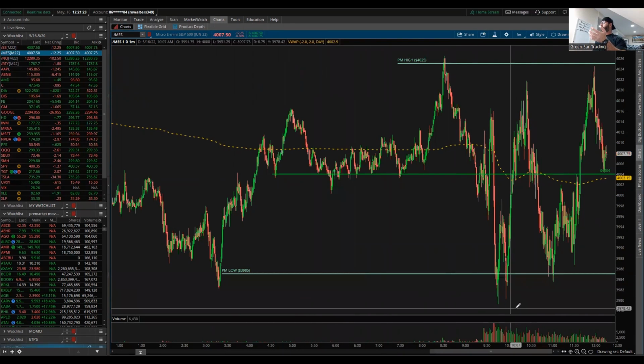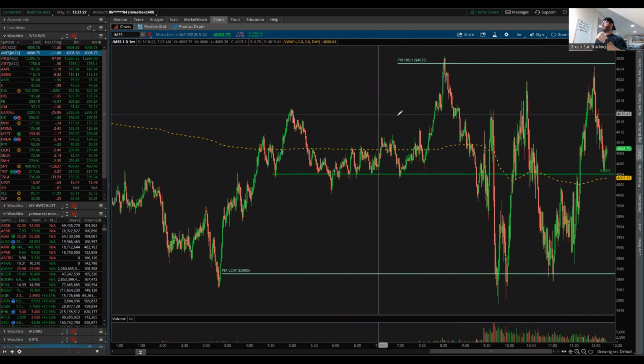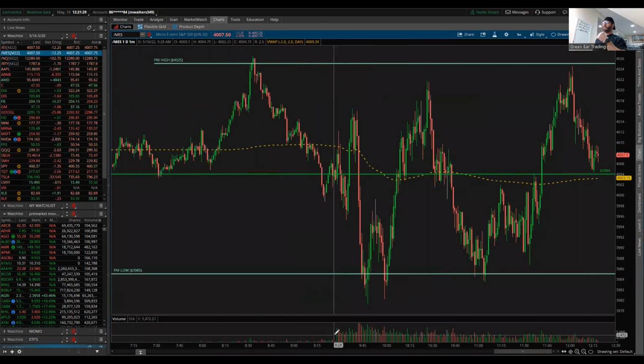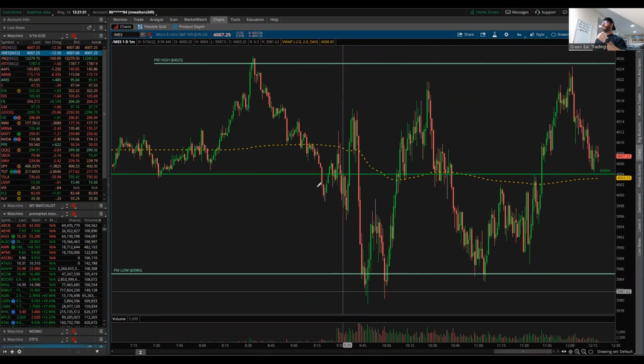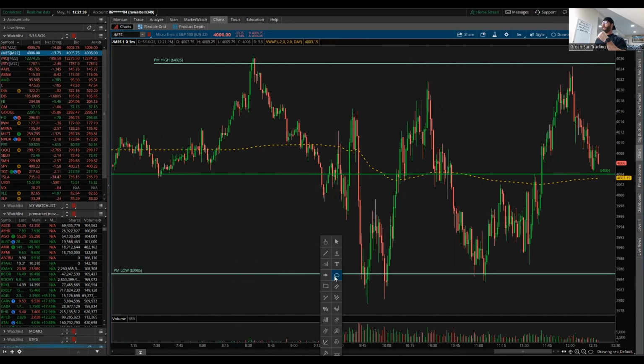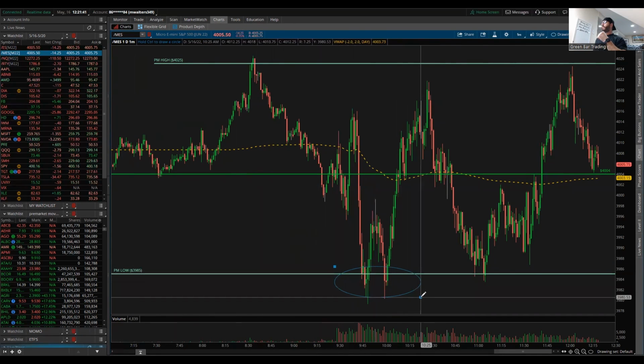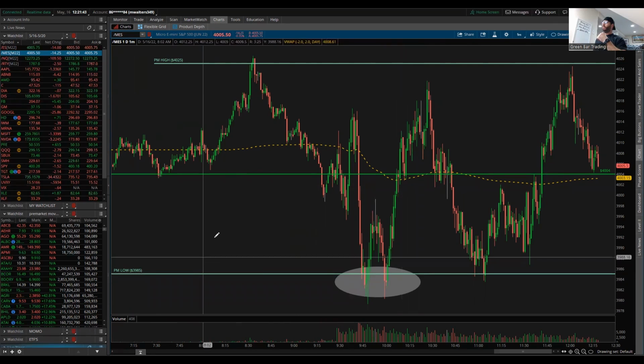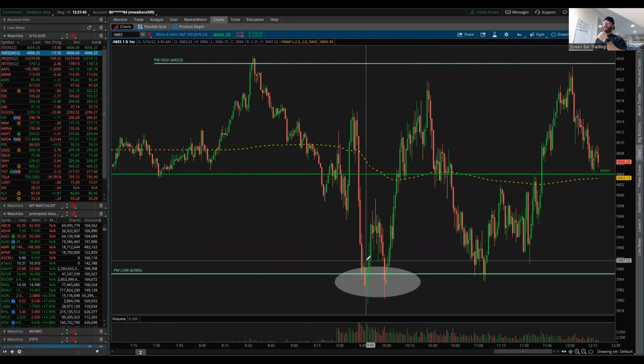You can obviously see here from the trading day, so I'm going to zoom in. Our trading day starts at 9:30 a.m., and we push up and then come right back down to that pre-market low area. Right here, the algorithms want to test this right off the bat.